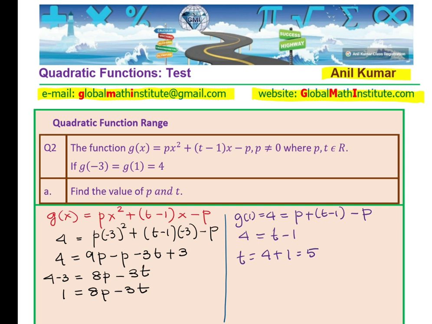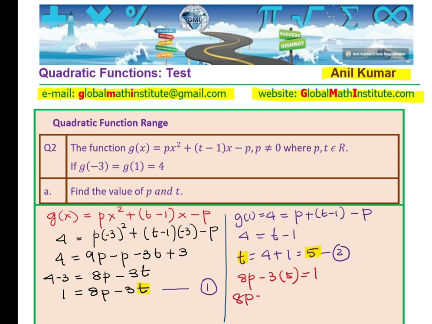Once we know t, we can substitute this value in our equation number 1 and get the value of p. So we substitute 5 for t and try to find the value of p. 8p minus 3 times 5 is equal to 1.